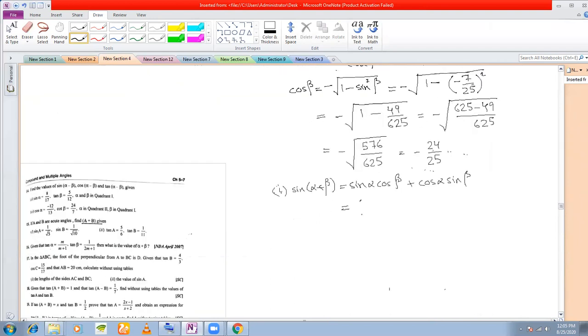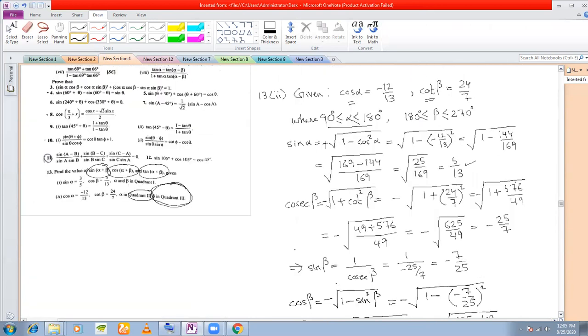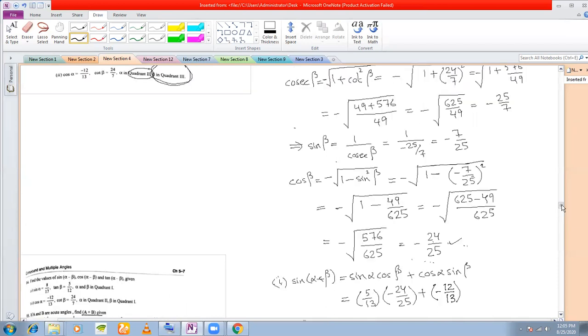Write 5 by 13. Cos beta we have calculated minus 24 by 25, plus cos alpha. Cos alpha is given to us to be minus 12 by 13. And sin beta is minus 7 by 25.